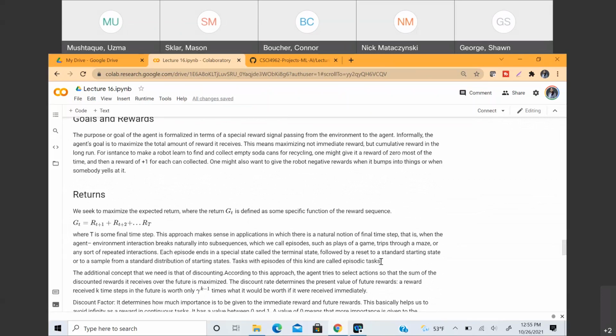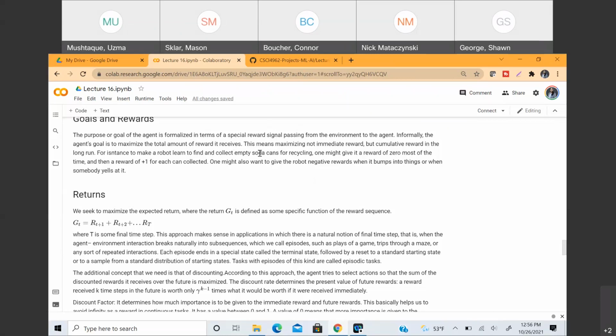We are thinking of a finite set of states, and we are only interested in the overall rewards. I don't care about the actions, right? So this reward signal that's passed from the environment to the agent is accumulated over all those finite time steps, right? So we want to accumulate that.